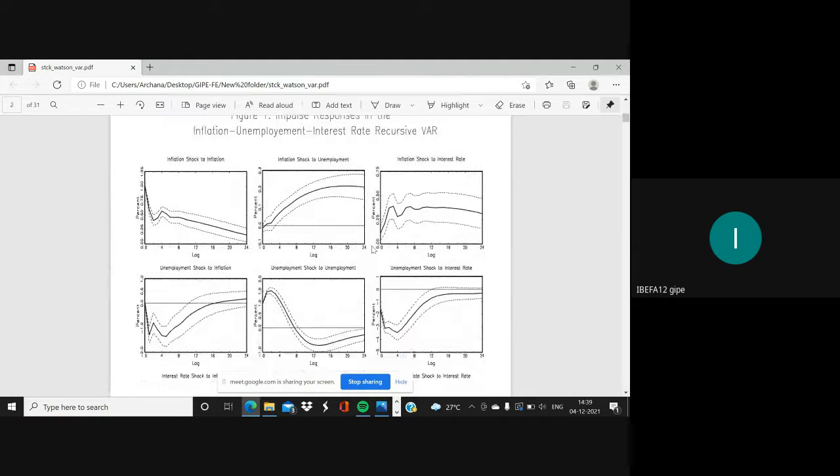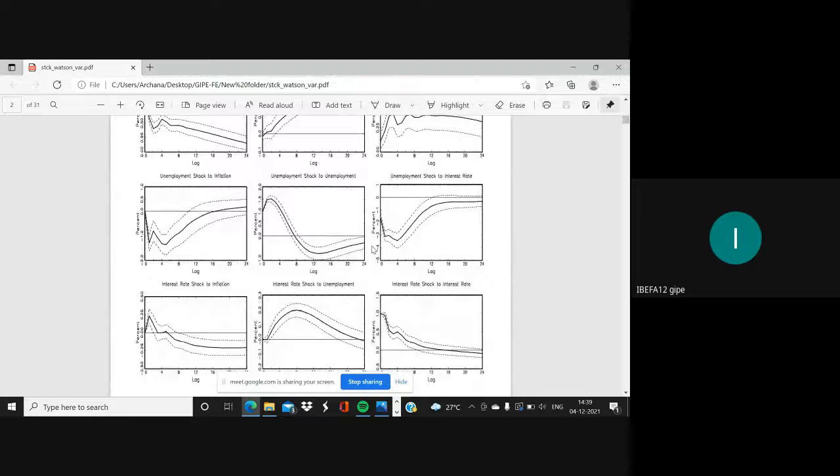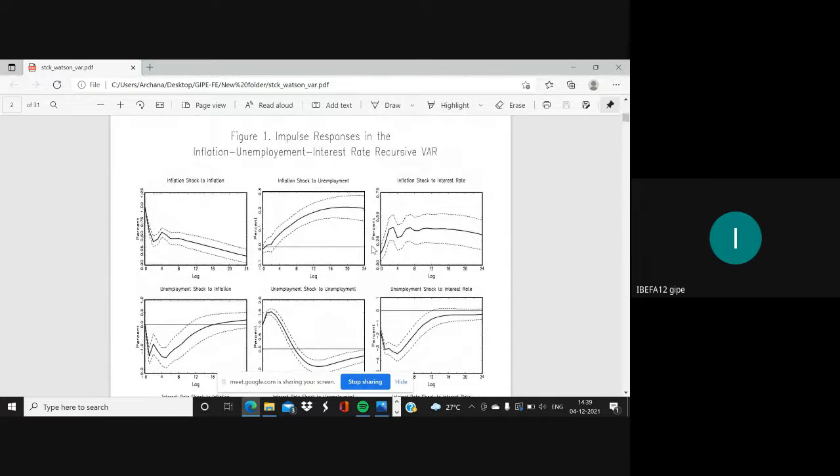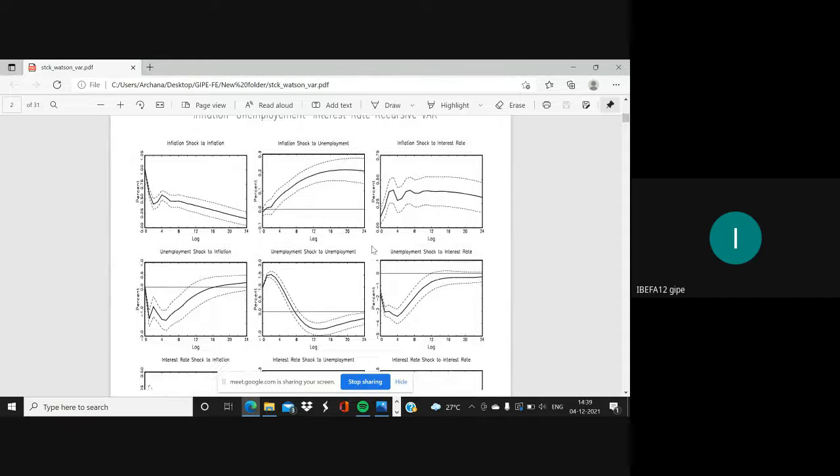Okay, so these here are impulse response functions. A particular shock: there has been a 1 unit change in the shock to a particular variable, which means the structural error term has changed by 1 unit, and then we are seeing the response of a particular time series to that single shock over different periods of time.